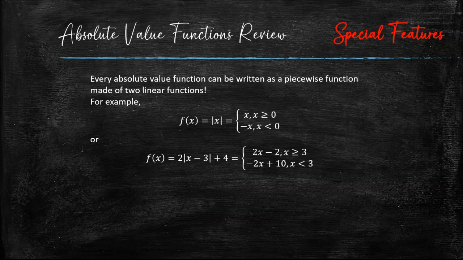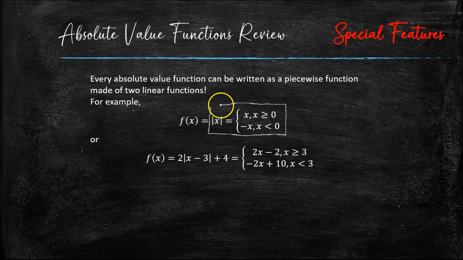Well, it's the first time I had to say the words piecewise function, so that makes it somewhat special. But this whole piecewise function interpretation also gives us an additional definition to the absolute value.